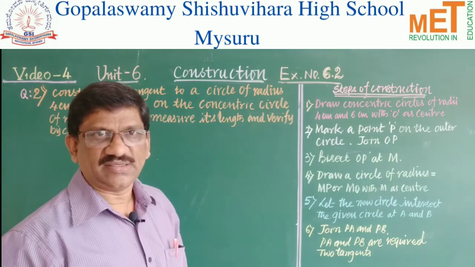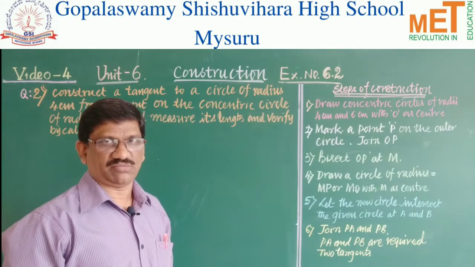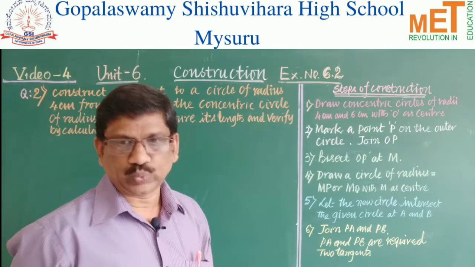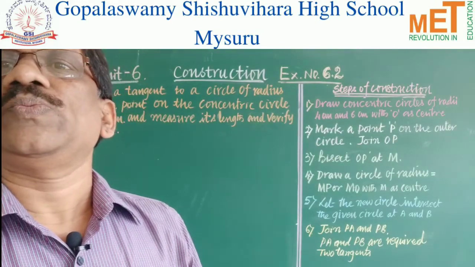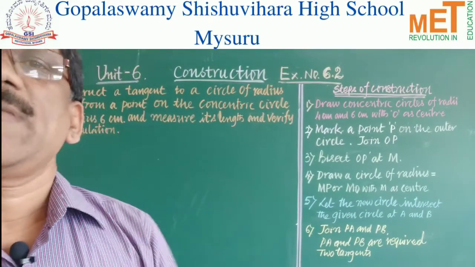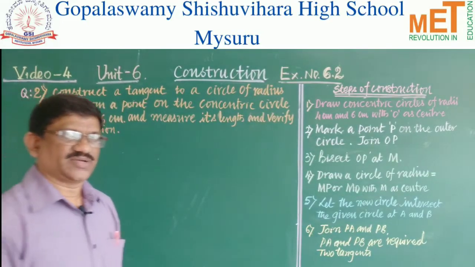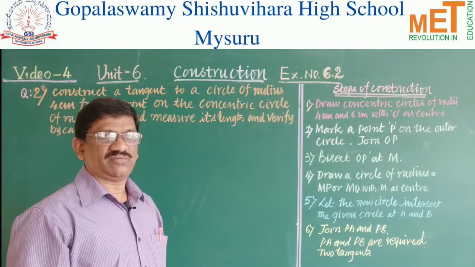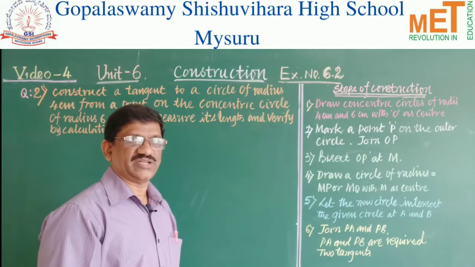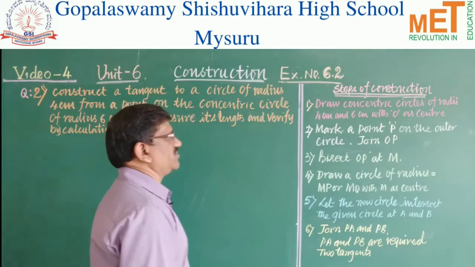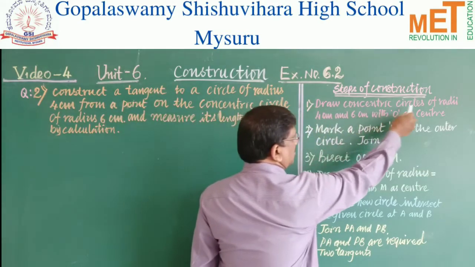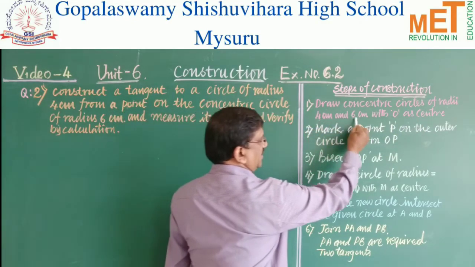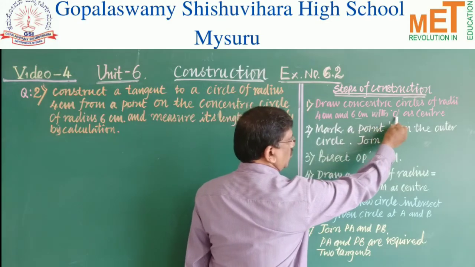Verify the length by actual calculation. First we shall discuss the steps of construction, then afterwards we shall start construction. So first draw concentric circles of radii 4 centimeter and 6 centimeter with O as center.